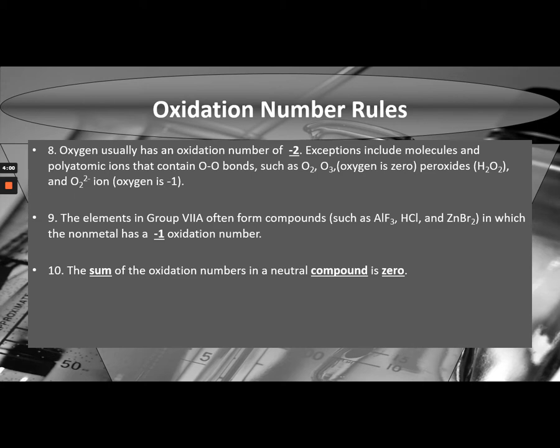The sum of the oxidation numbers in a neutral compound is always 0, as in water. We have 2 hydrogen atoms, which each have a +1 because they're combining with oxygen, a nonmetal, and one oxygen atom has a -2, so the sum of those is equal to 0.